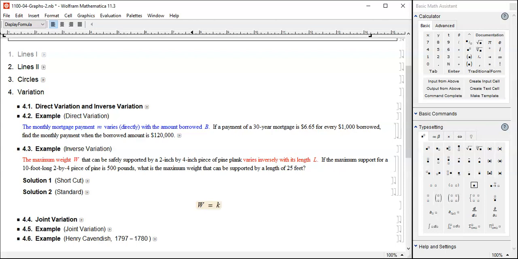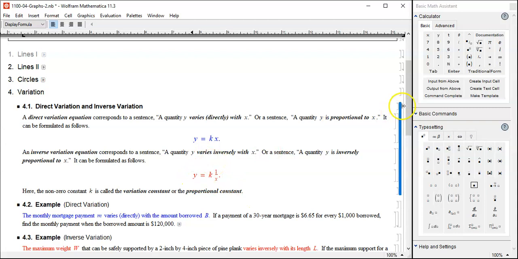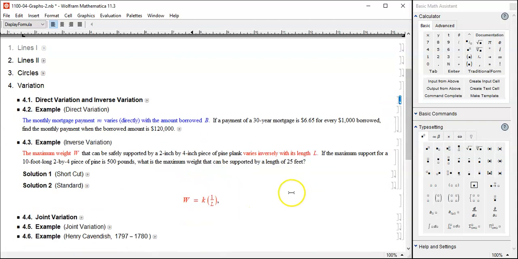W is k times 1 over L. Same as this, except we have different characters. Instead of x and y, we have L and W. Okay, this is a correct proportional equation, but it cannot be used yet because we don't know what k value is. So let's plug in numbers and find k.